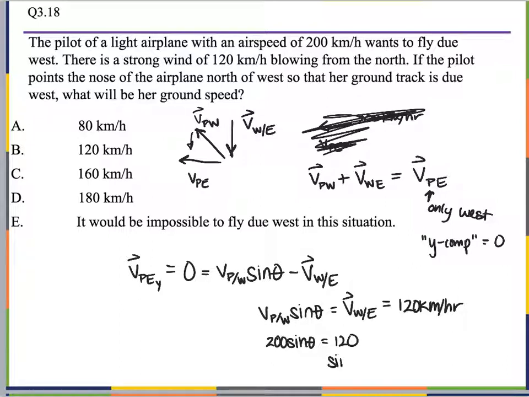So we can figure out our angle: the angle whose sine is 120 over 200. So if we take the inverse sine, we get 36.9 degrees. So that's the angle that the plane is going to fly at.